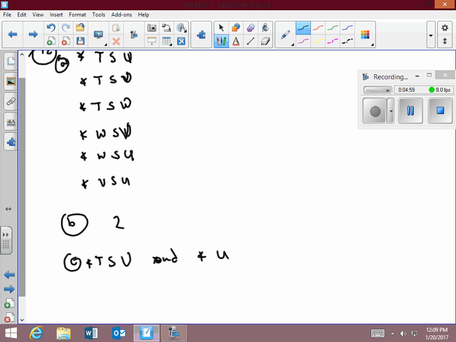Then it would be USW. Then it's angle TSV and angle VSW. So these are two pairs. Yep.